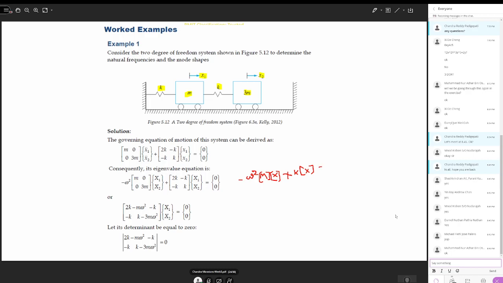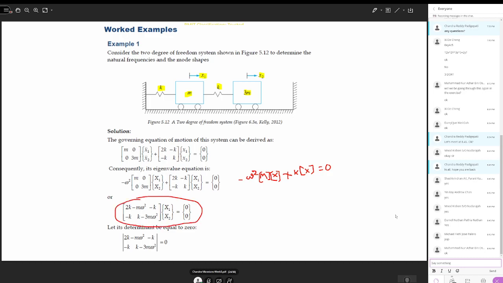So we apply this equation. Then you multiply here. So minus omega square m plus 2k, then minus k. So you will get the first one. So you can simplify this and you can write this expression.